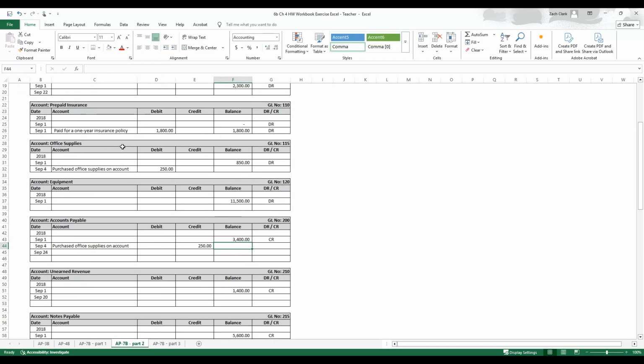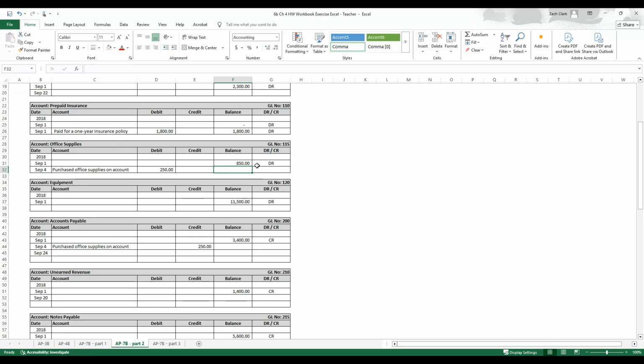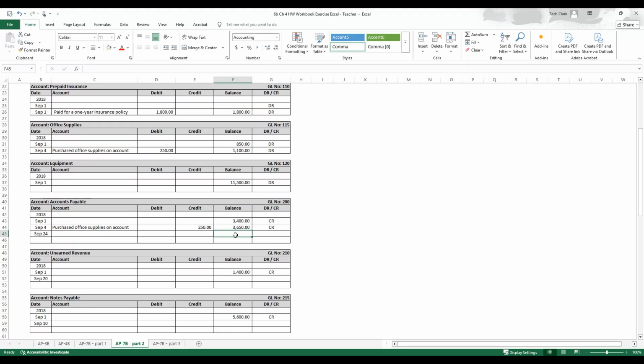And don't forget, as I was doing this, we have a debit, we've increased our office supplies account, so we want to add these two together to get 1,100. And similarly, for the liability side, we want to add these together here, where credits are increases to accounts payable, to liability. So now we've increased a liability and we've increased our asset by doing that.